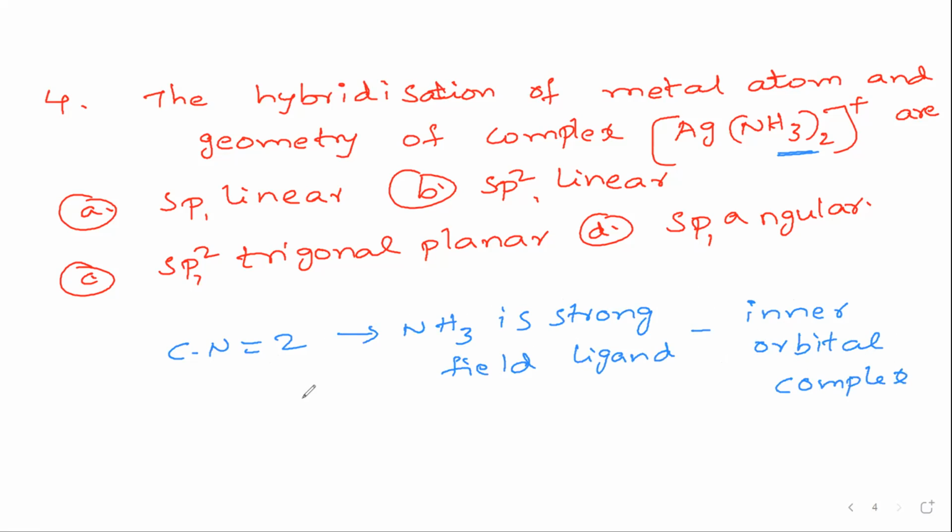Since coordination number is 2, it will undergo sp hybridization. Sp hybridization shape is only linear. It could be angular only if it contains unpaired electrons. So it is linear. So the option is the first option, that is A, sp linear.